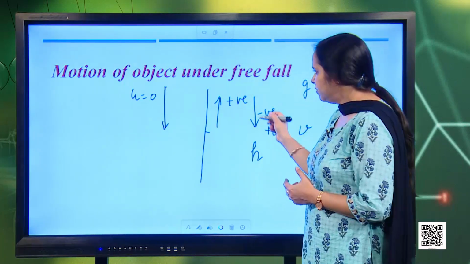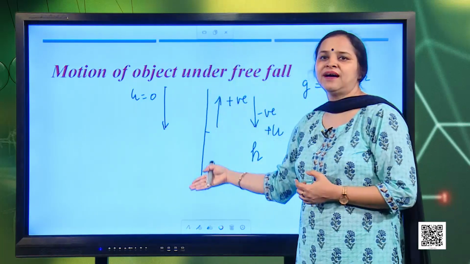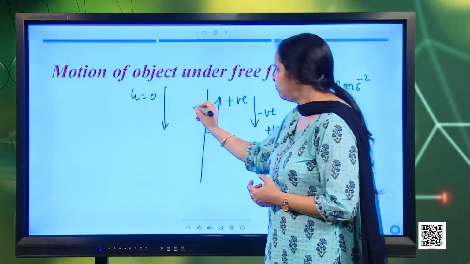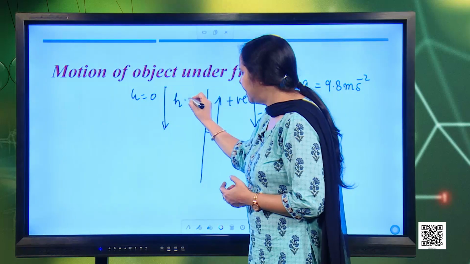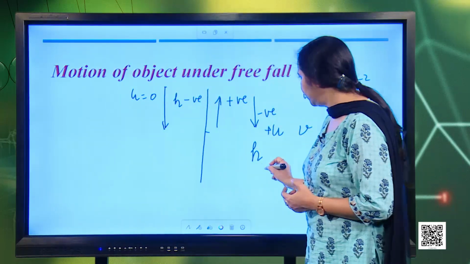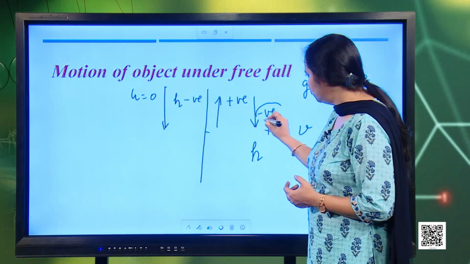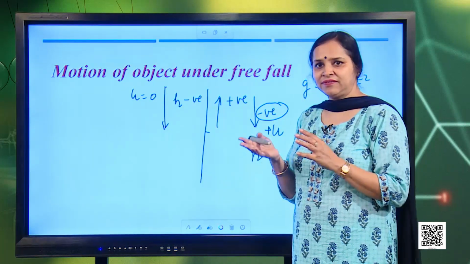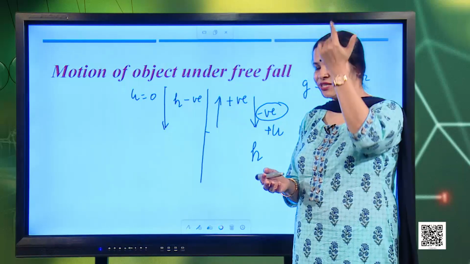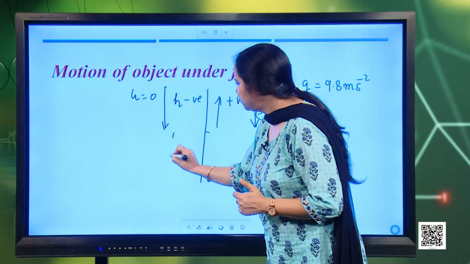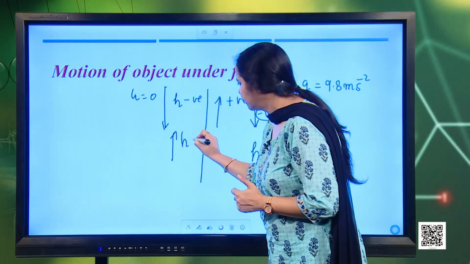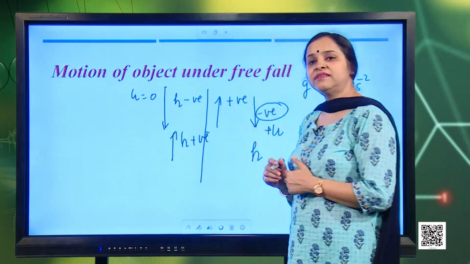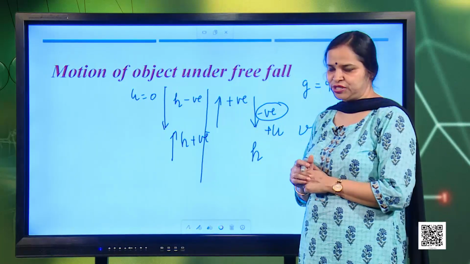Now if the body is moving towards the earth, then the displacement h is taken to be negative, as according to the sign convention the downward direction is taken negative. In the same manner, if the same object is thrown in the upward direction, in that case h will be taken positive. So this is how we consider the sign conventions.